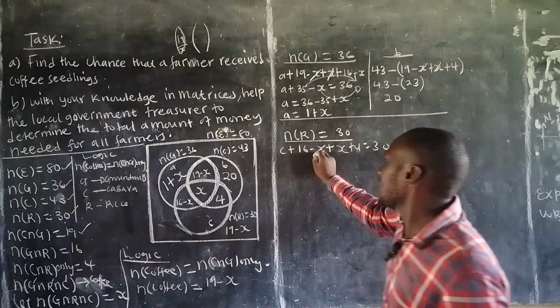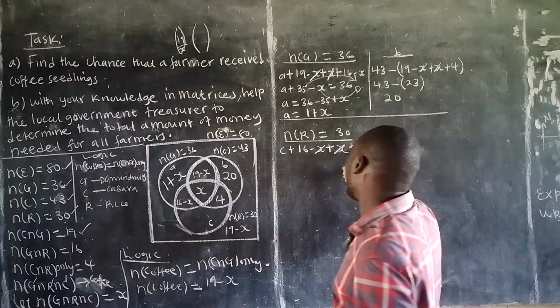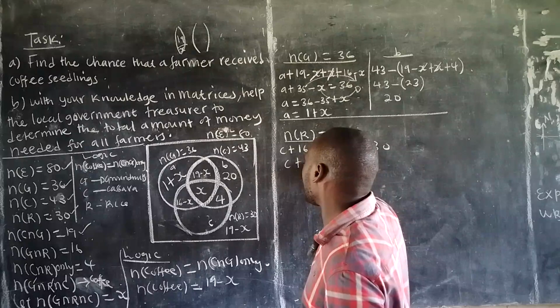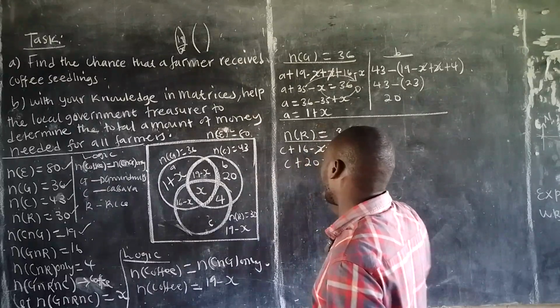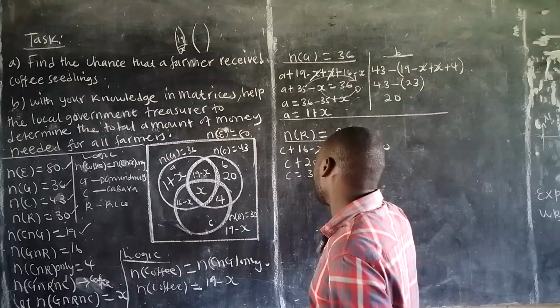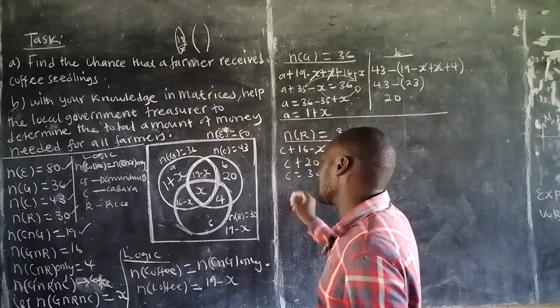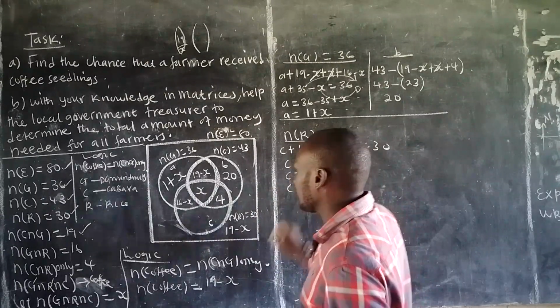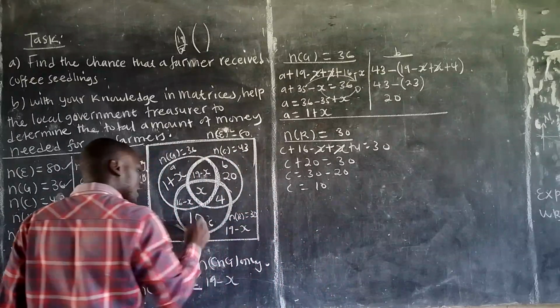Now look, the x's have gone away. 16 plus 4 gives C plus 20 is equal to 30. Now make C the subject. So C is equal to 30 minus 20. Simple as that. So C is equal to just 10. Come here and put there a 10.